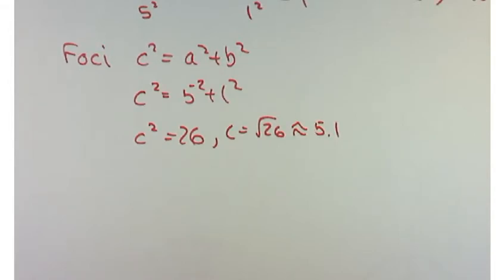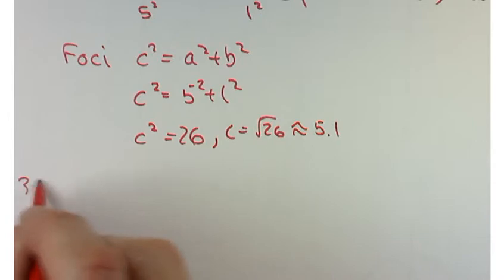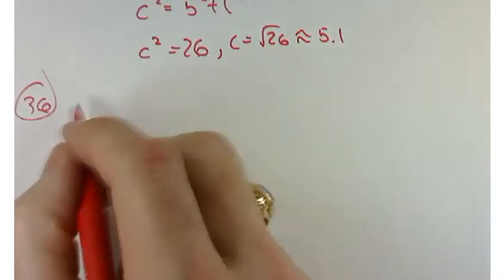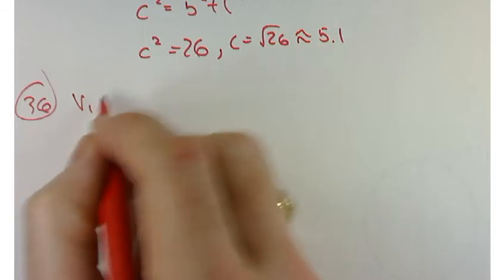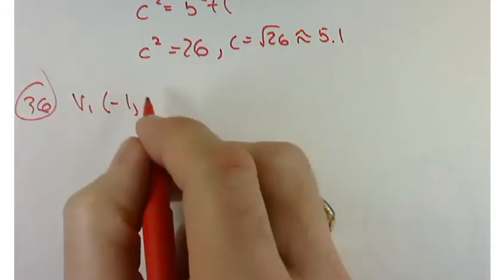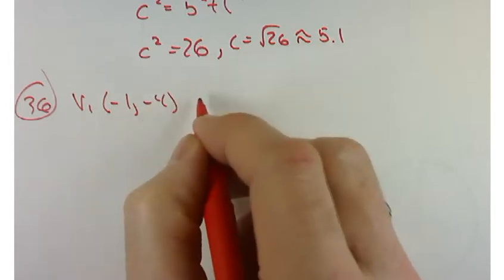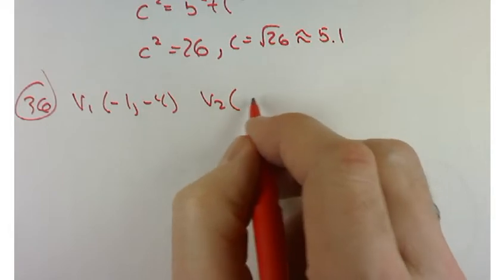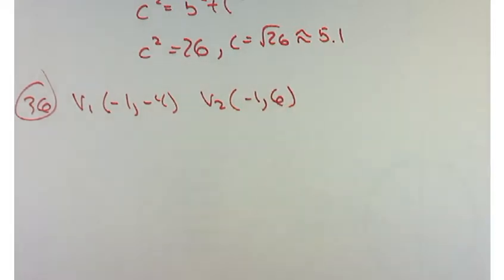Okay. Last one here, problem number 36. They give us some vertices, so I'll call them V1 and V2: (-1, -4) and (-1, 6).